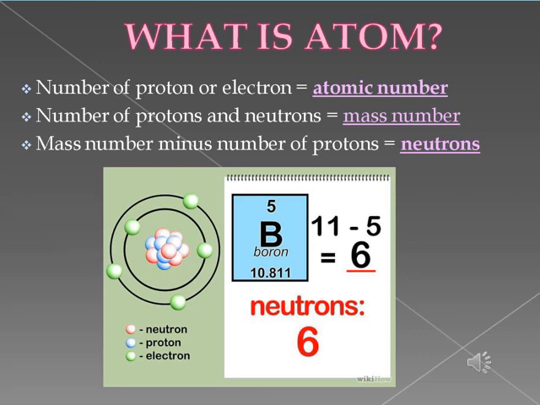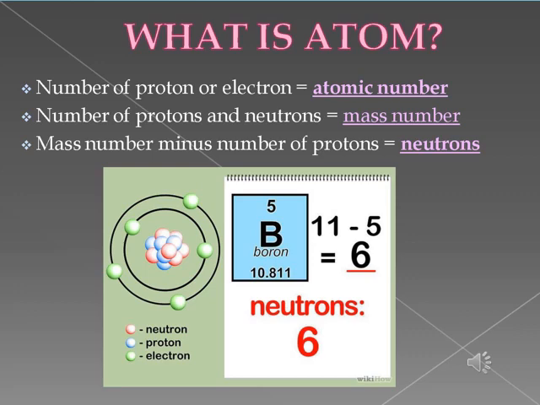Look at this example. The example here uses boron. The value 5 above the B is the proton number or atomic number. Next, the value 11, which is below B, is the mass number.